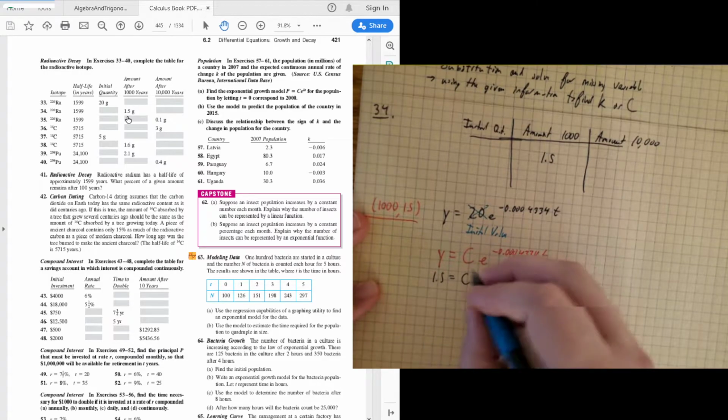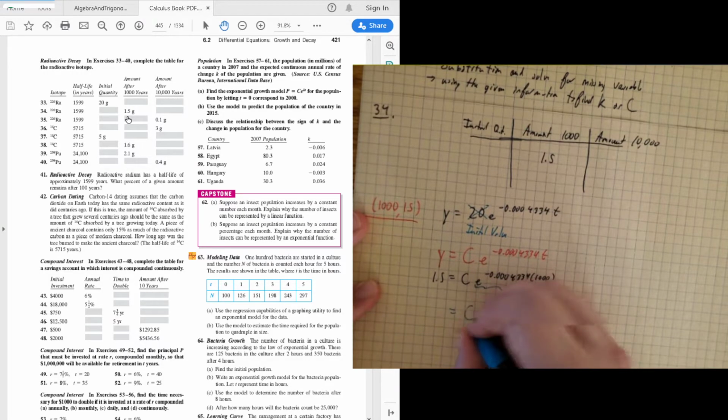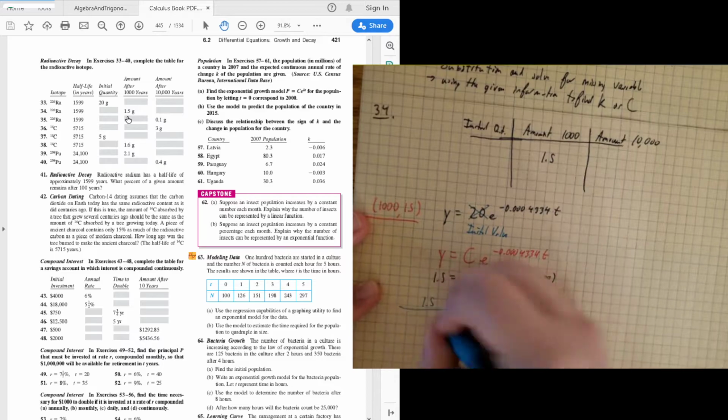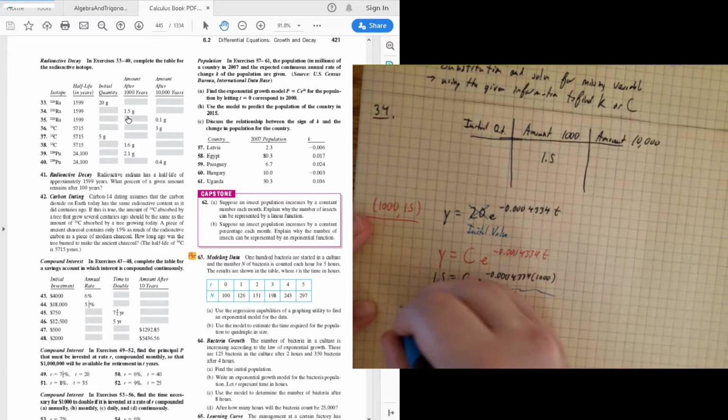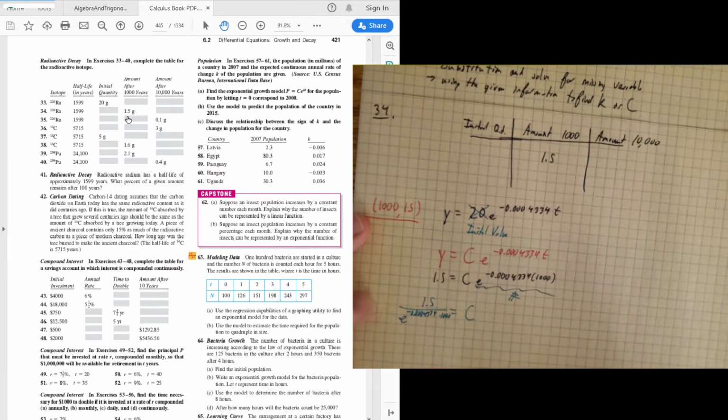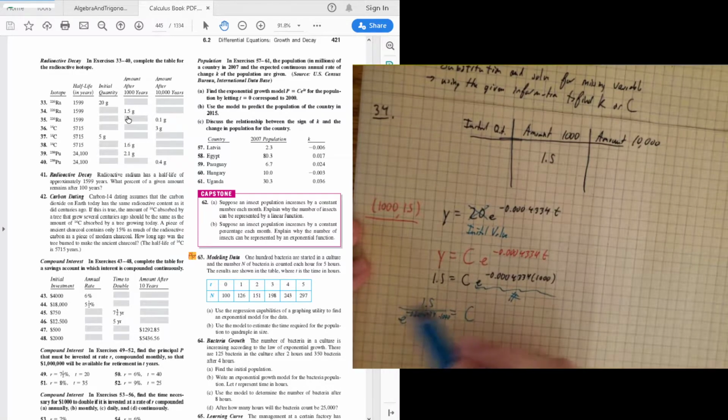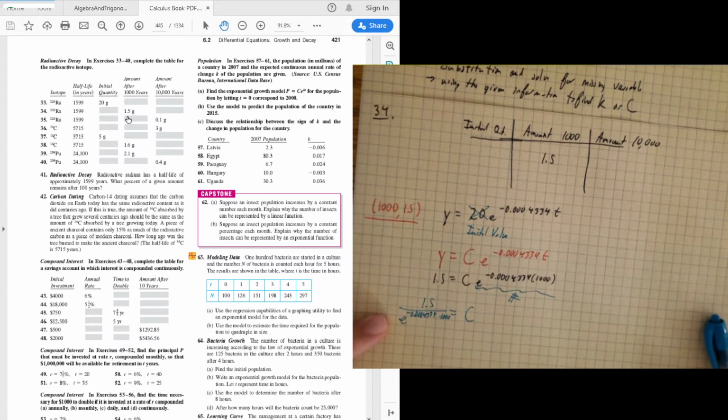And so if I want to figure out what c is, what I could do is just take 1.5 and divide it by this number, e to the negative 0.00043334 times 1,000. And this would tell me exactly what my initial value was for this problem, which is exactly what I'm going to do.